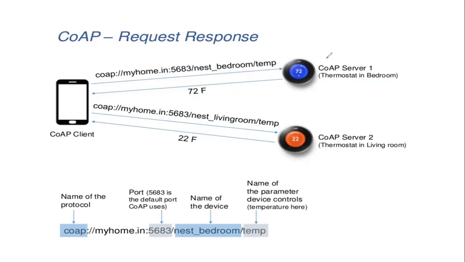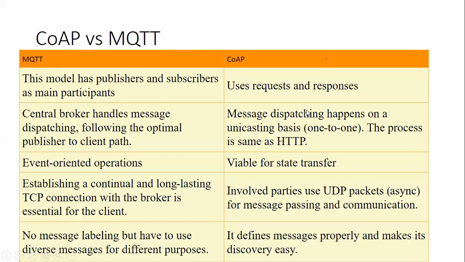Now next we will see what is the difference between CoAP and MQTT. So basically the MQTT model, the participants, the constituents of MQTT, message queuing telemetry transport protocol: two main participants, one is publisher and another one is subscriber, whereas CoAP uses a request and response method.